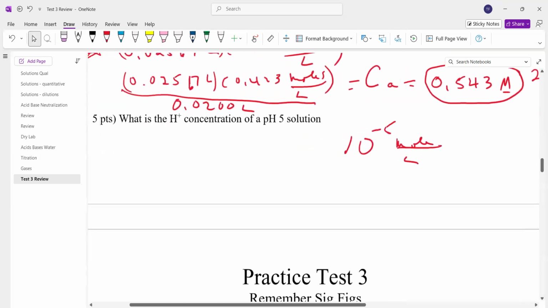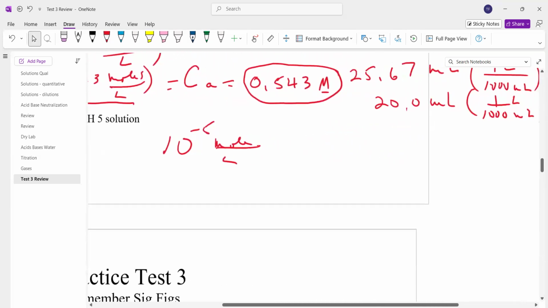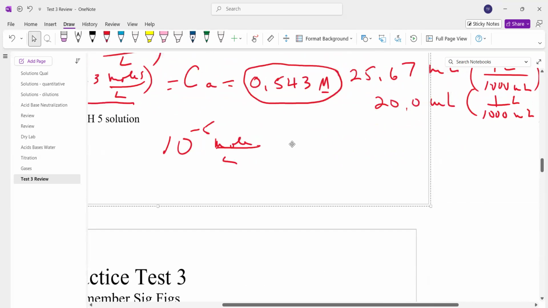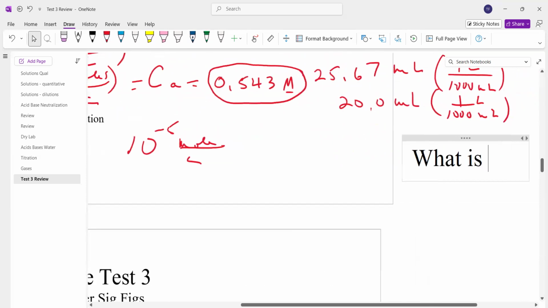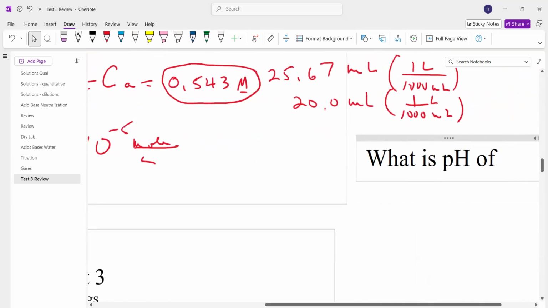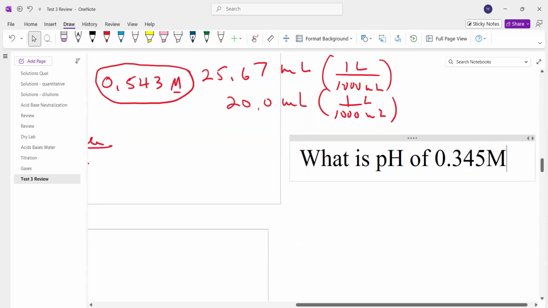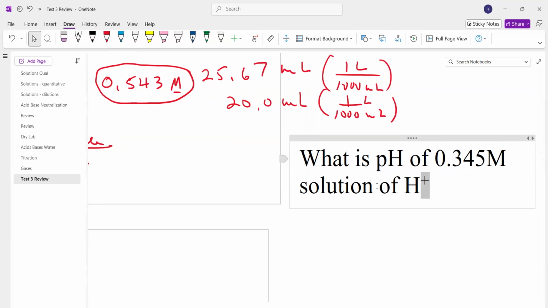Now, if I said, what's the pH of a 0.345 molar solution?